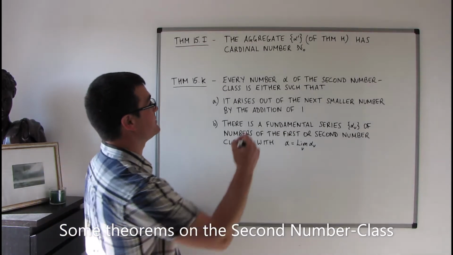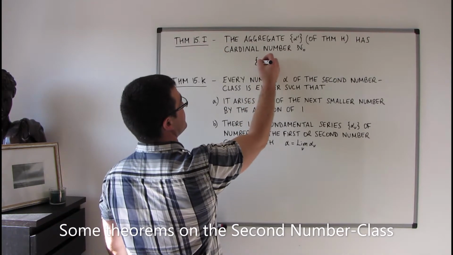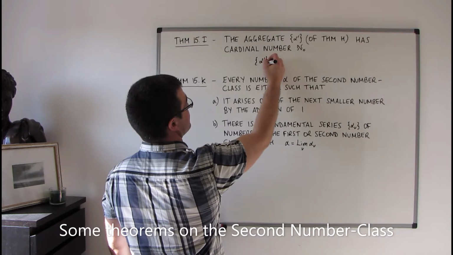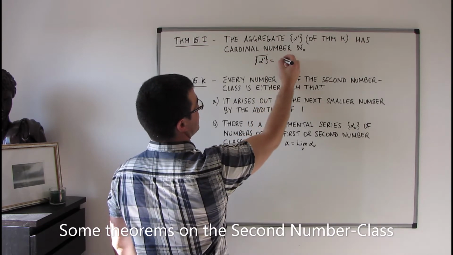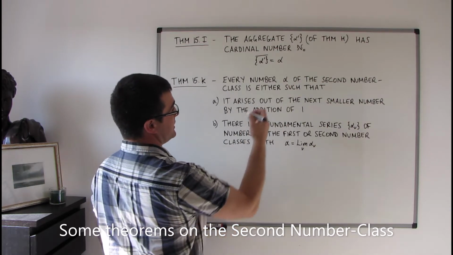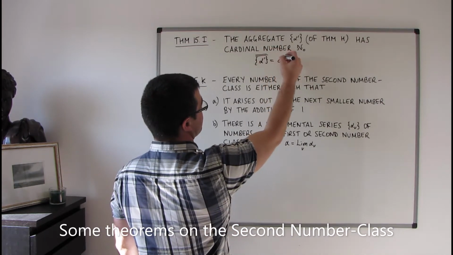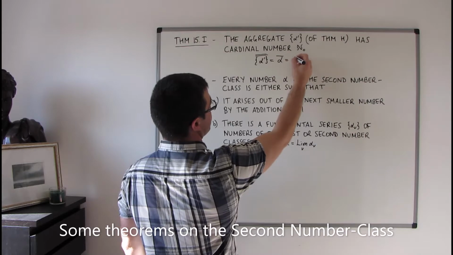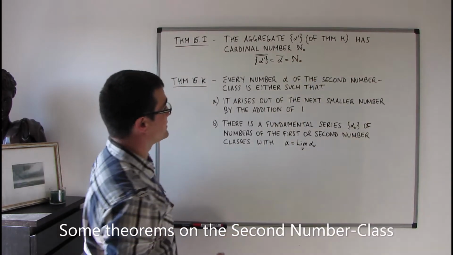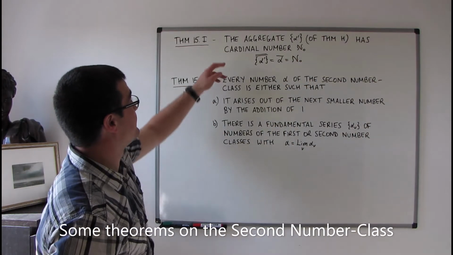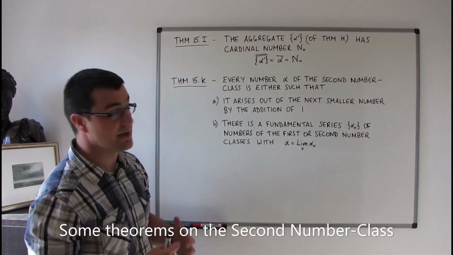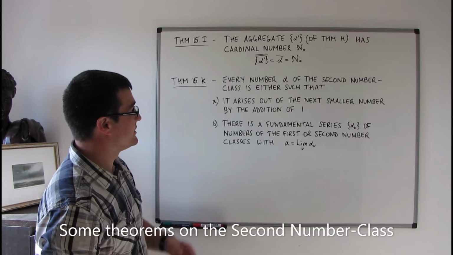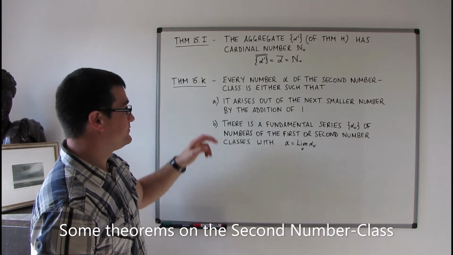It's really easy to show this because we know that the ordinal number of this aggregate is alpha, and we know that the cardinal number of alpha is Aleph-0. So therefore our aggregate has cardinal number Aleph-0, so therefore it is definitely a number in that second number class.